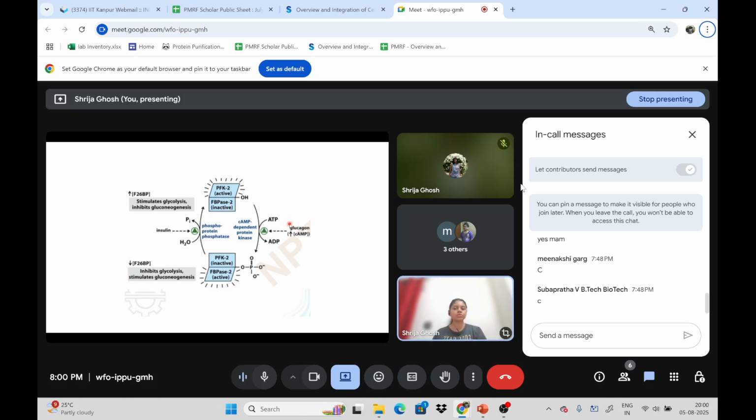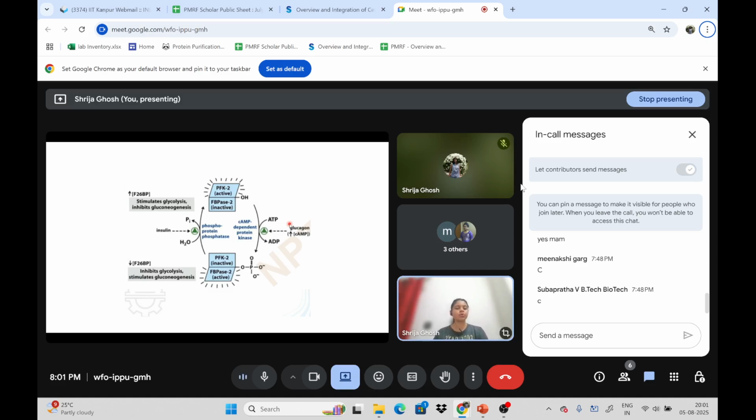So PFK2 and FBPase2 are basically regulating the activation and inhibition of glycolysis and gluconeogenesis as and when required. So if the body requires more glucose, gluconeogenesis will be triggered. If the body requires more energy, glycolysis will be triggered. Okay.